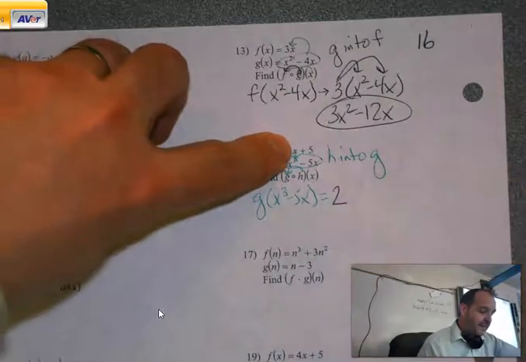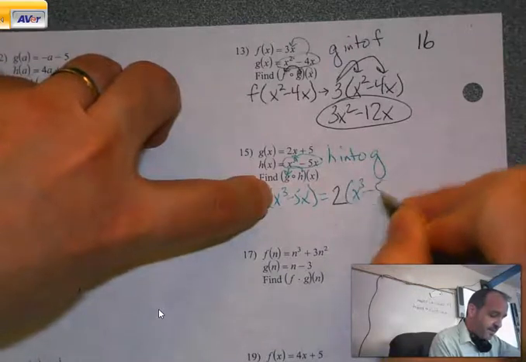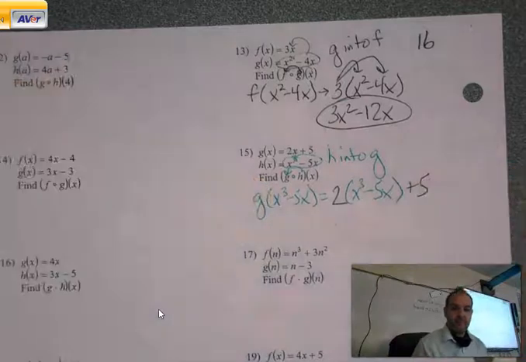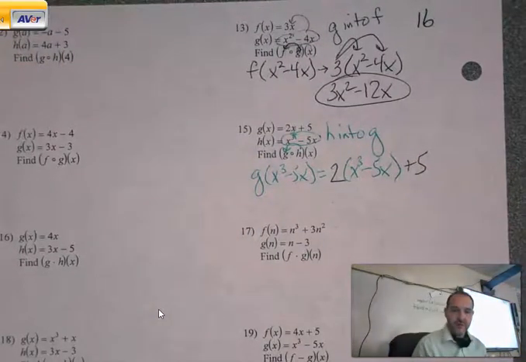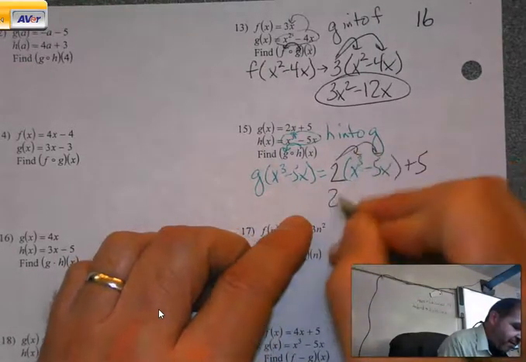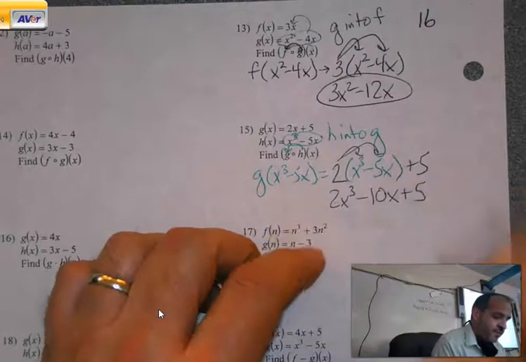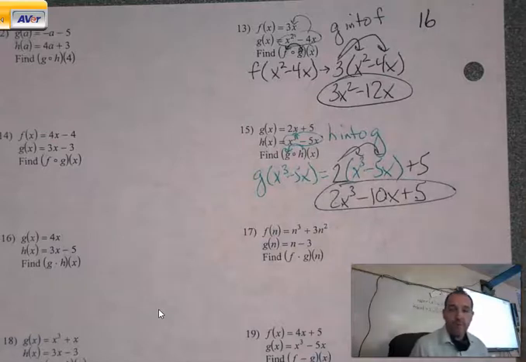When I get to the x, you replace it with what's in the parentheses. Okay? Plug an H into G, a little distributing. And I notice no like terms. That's as far as I can go. And I'm good.